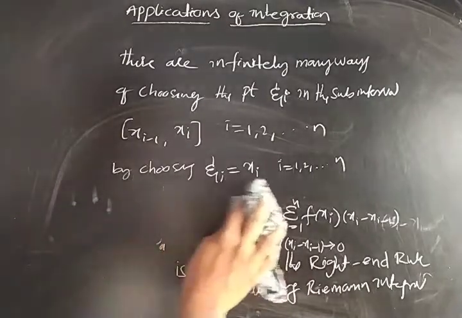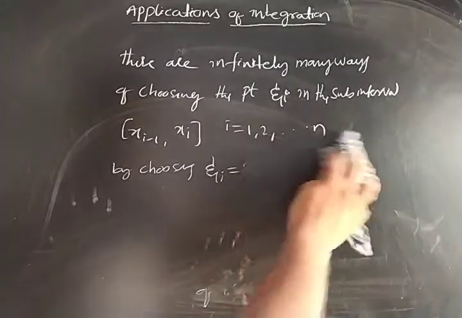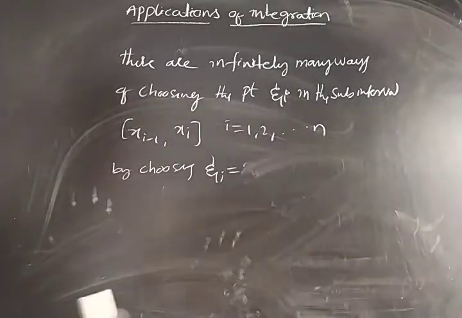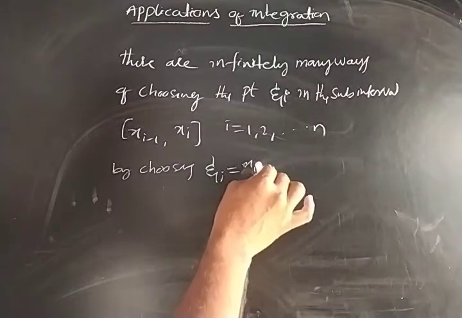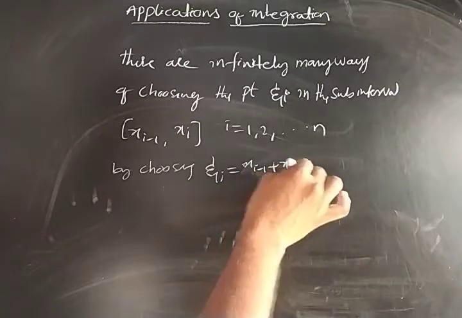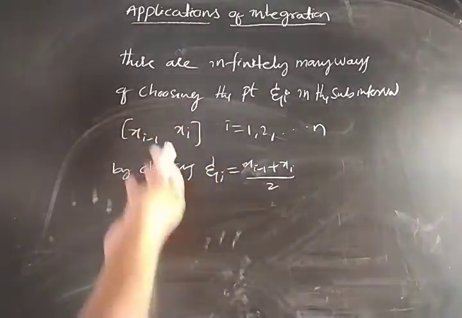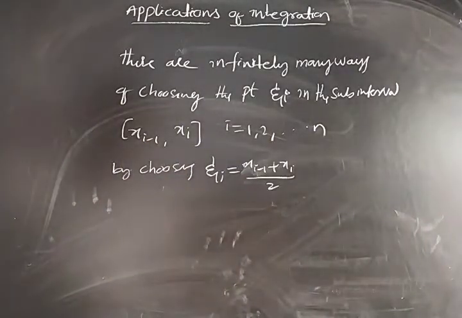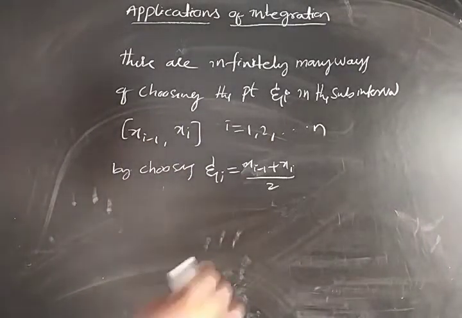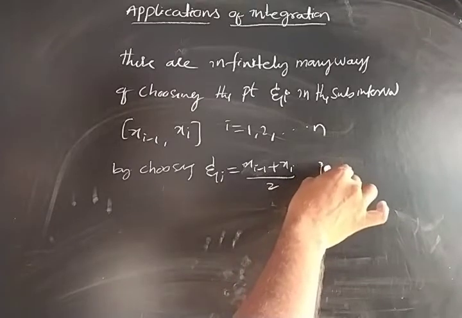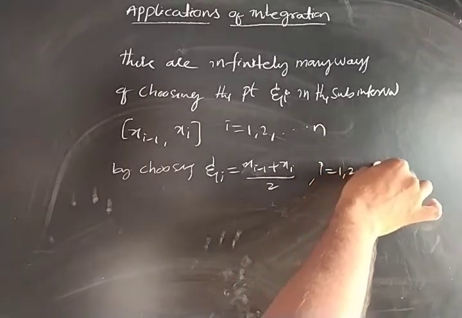Suppose I am choosing zeta equal to x i minus 1 plus x i by 2. By taking the average of these two, you will get the mid value of the interval, where i equals 1, 2, so on n.